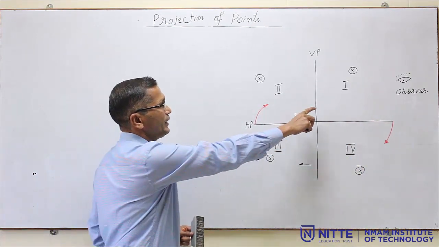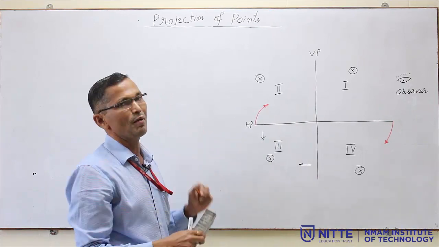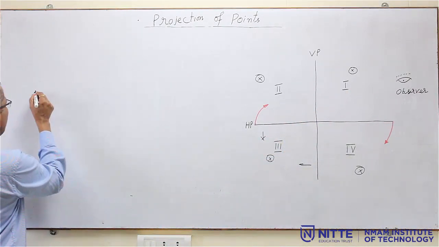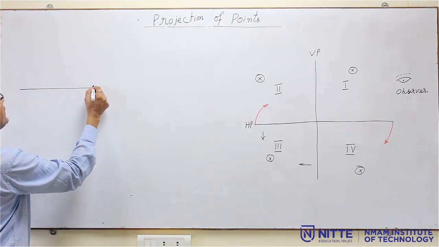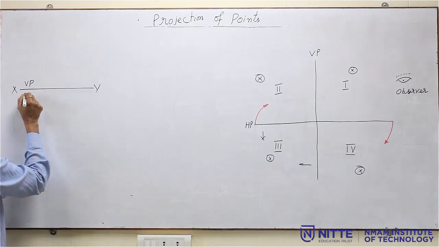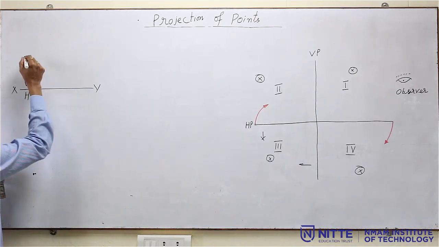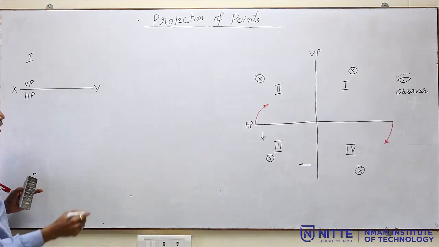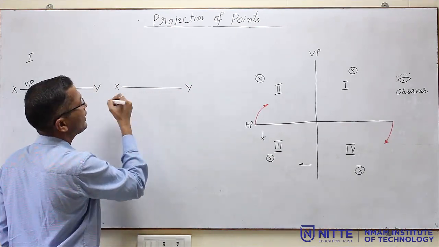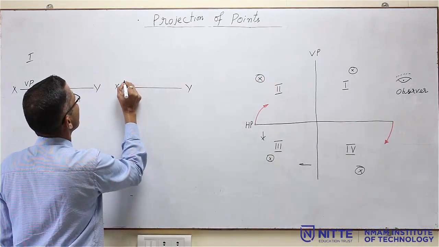Then converting this into two dimensions. For the first quadrant, there will be the XY line, and VP is above, HP is below. This is the first quadrant. If it is in the second quadrant, this is the XY line, and both HP and VP will be above the line.